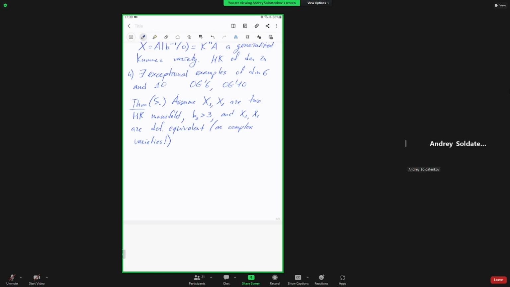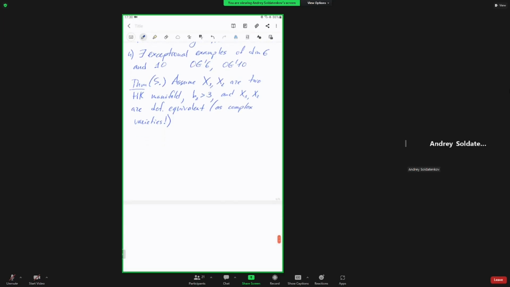And you can get some other projective manifold by deforming your original manifold, but you should pass through some non-projective points in the moduli space to do this. Okay, and then I claim that the motive of X1 is abelian if and only if the motive of X2 is abelian.